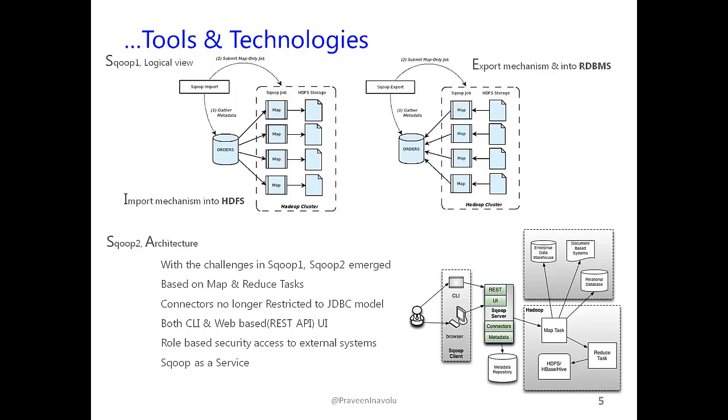That is Scoop import. On the right side, we can see Scoop export, the opposite way. So we can take the data out of Hadoop systems and write that data back into relational systems. So that's the high level view of the data transfer and how it happens in Scoop.